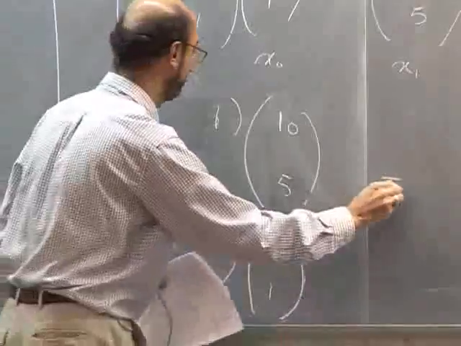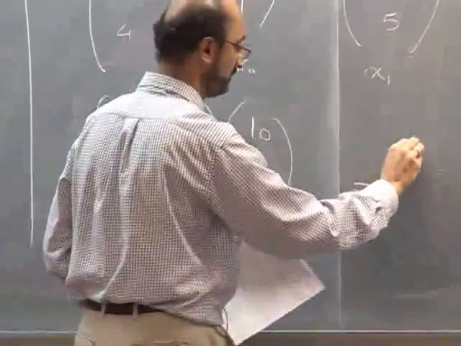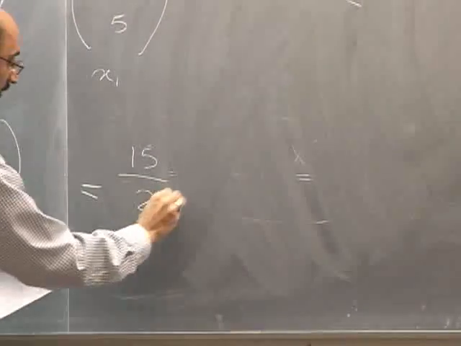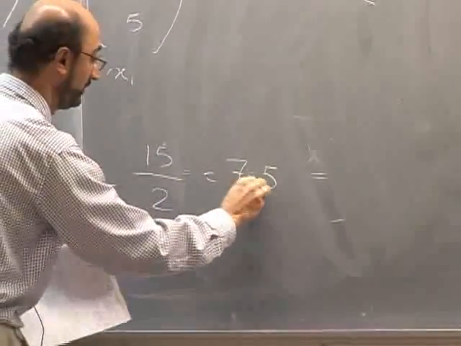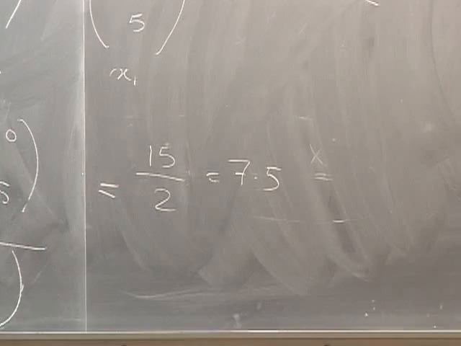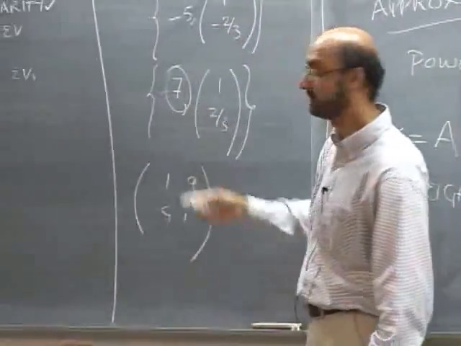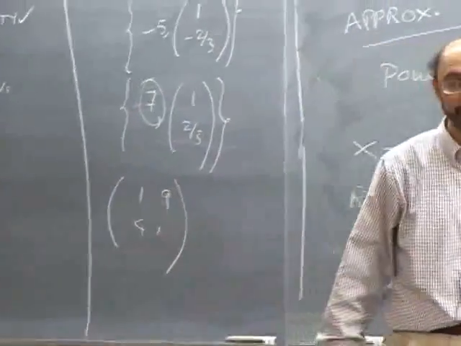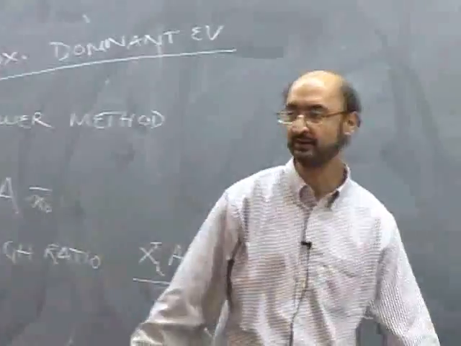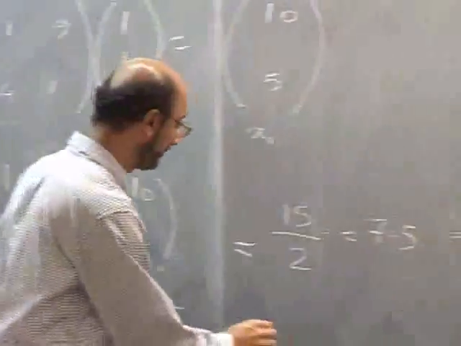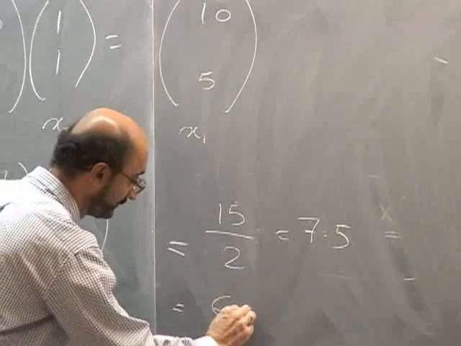Okay? And this is 15 over 2, which is 7.5. This is pretty good because remember the dominant eigenvalue for this was 7, and 5 is the smaller one. With just one simple computation, I got to 7.5 right away. And if you do it one more time, you should be getting to 6.6 bar.